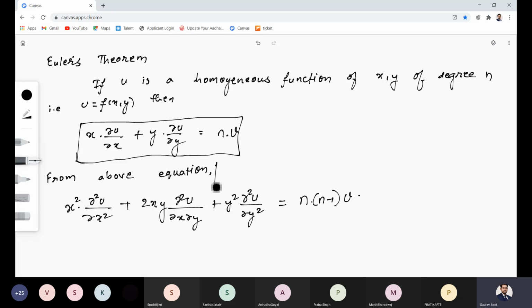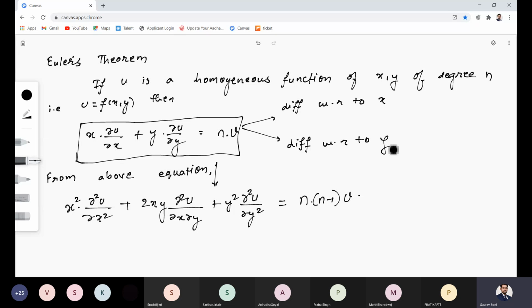So this can be derived, and how it can be derived is you differentiate this with respect to x first. The same equation I will differentiate with respect to y. Later we are going to add and subtract in order to get the required equation.